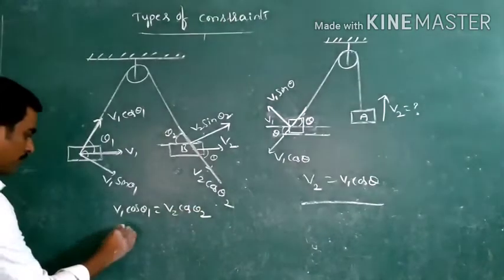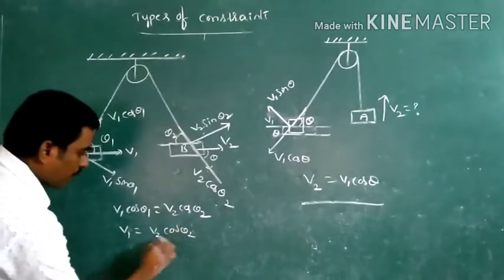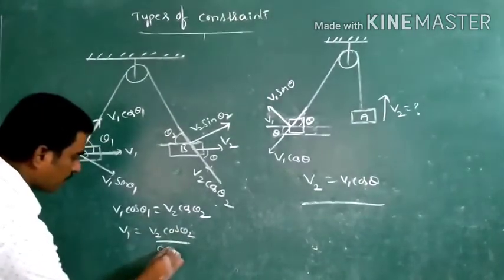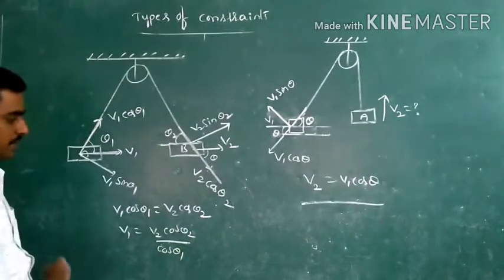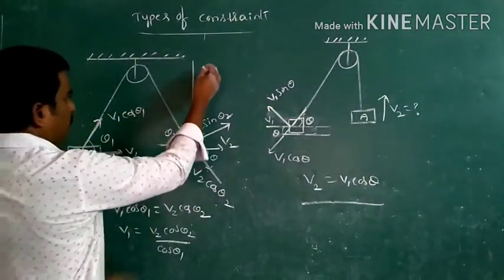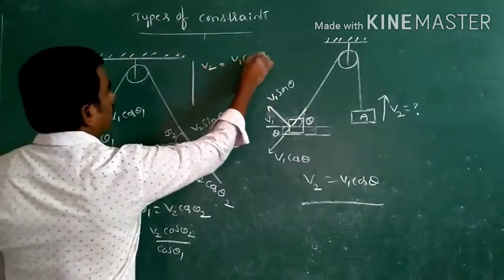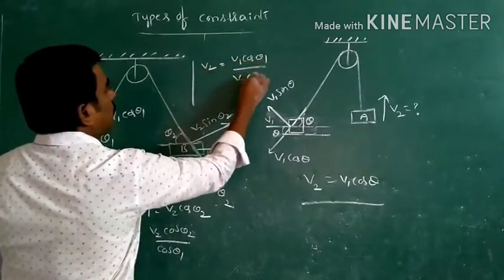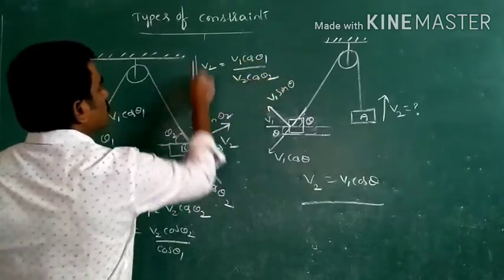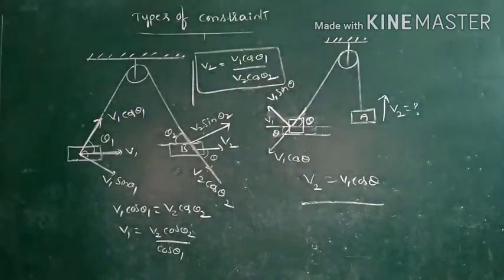Now v1 equals v2 cos theta2 by cos theta1. Otherwise, we need v2: v2 equals v1 cos theta1 by cos theta2. So this is the relation between velocity v1 and velocity v2.